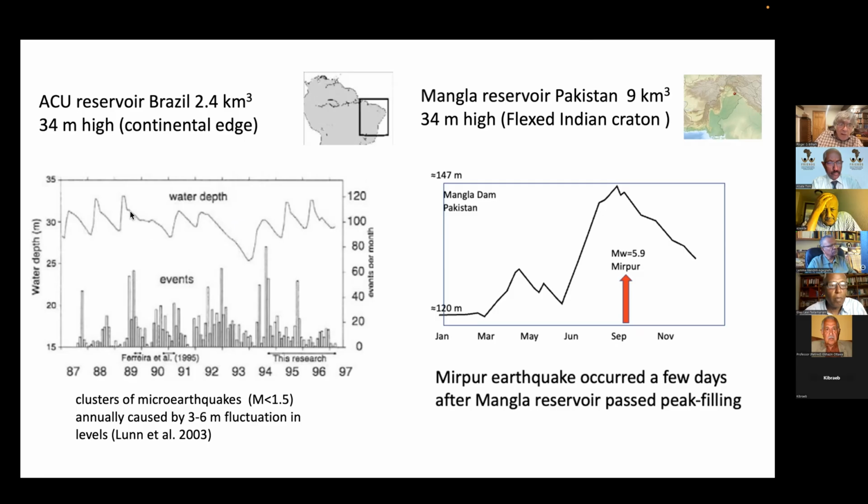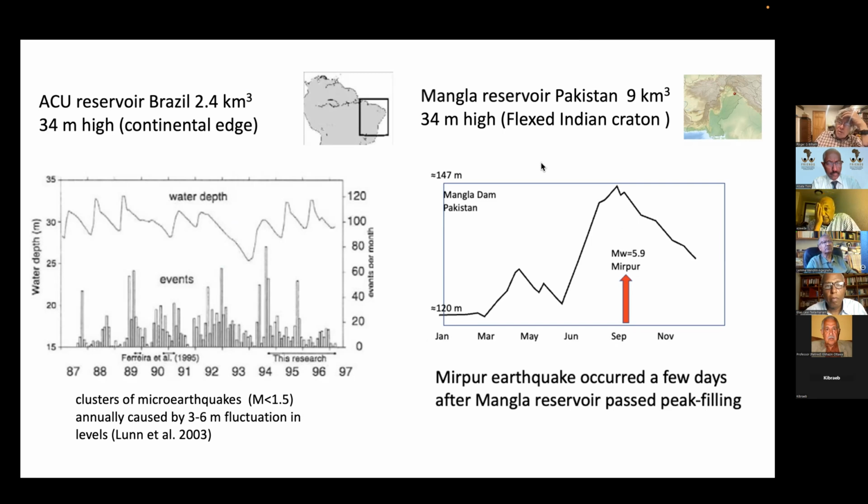The earthquakes are not occurring as it goes down and down and down, or as it goes up and up so much. It's the change of pressure resulting from a reduction in the water level after reaching a peak.